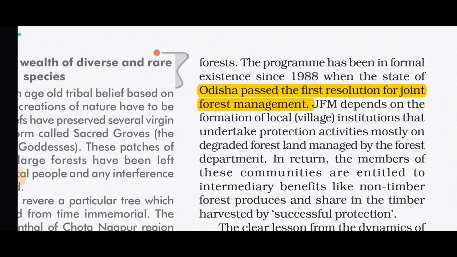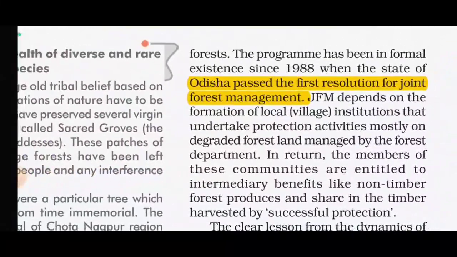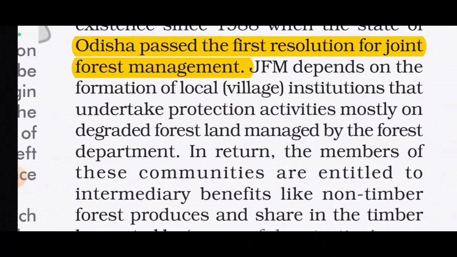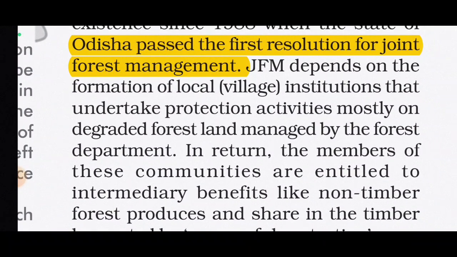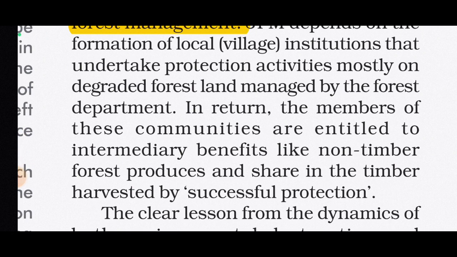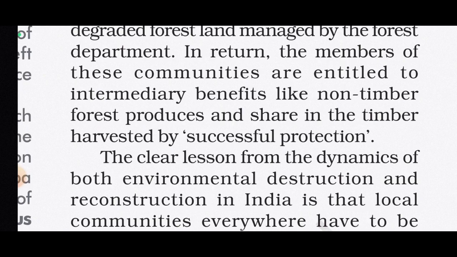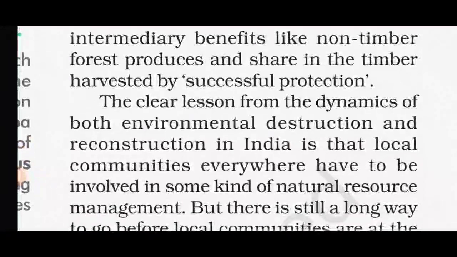The program has been in formal existence since 1988 when the state of Odisha passed the first resolution for joint forest management. JFM depends on the formation of local institutions that undertake protection activities mostly on degraded forest land managed by the forestry department. In return, the members of these communities are entitled to intermediary benefits like non-timber forest produce and share in the timber harvested by successful protection.